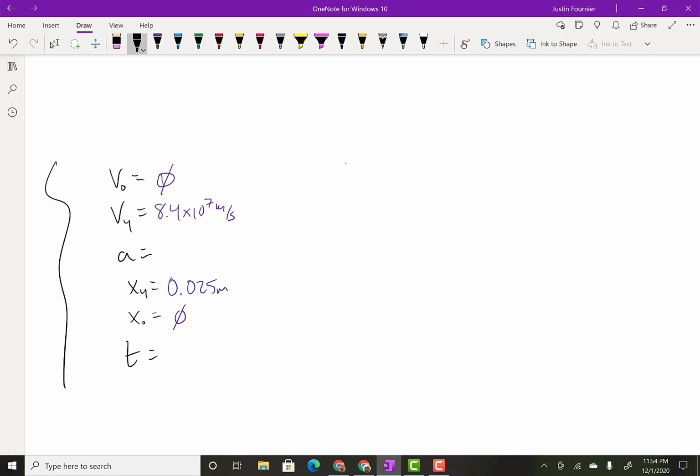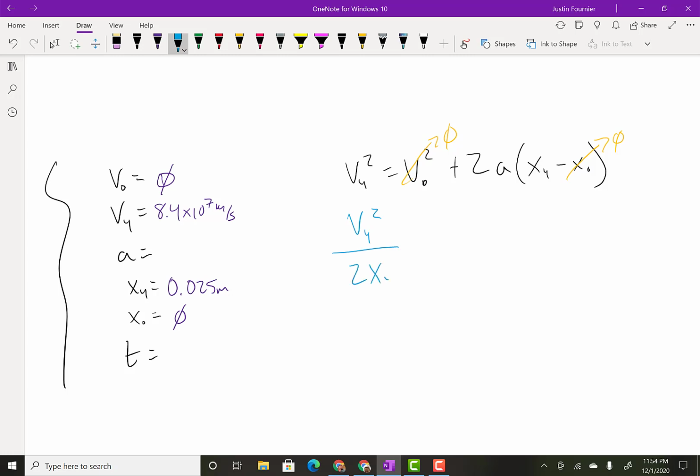And now I'll be able to calculate the acceleration. So I'm going to use v4 squared equals v naught squared plus 2a times my final position minus my initial position. My initial velocity is 0, my initial position is 0. And so I'm going to isolate for acceleration. Isolating for acceleration leaves me with v4 squared over 2 times x4. That's going to be my acceleration.